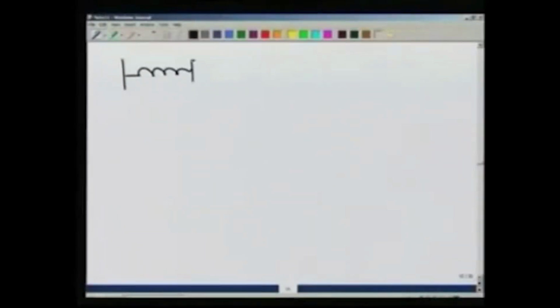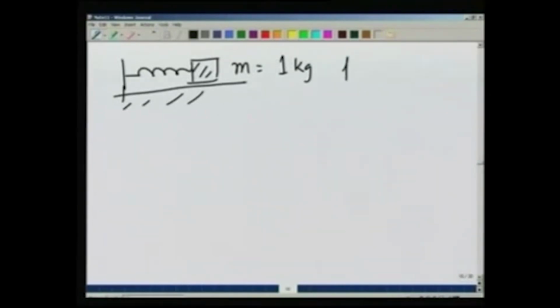As the first example of solving this equation, let us go back to our spring mass system and let us take the mass of the block to be 1 kilogram. Let us take K to be 16 newtons per meter, and let us first displace the mass by 0.05 meters, let us say to the right, and leave it.